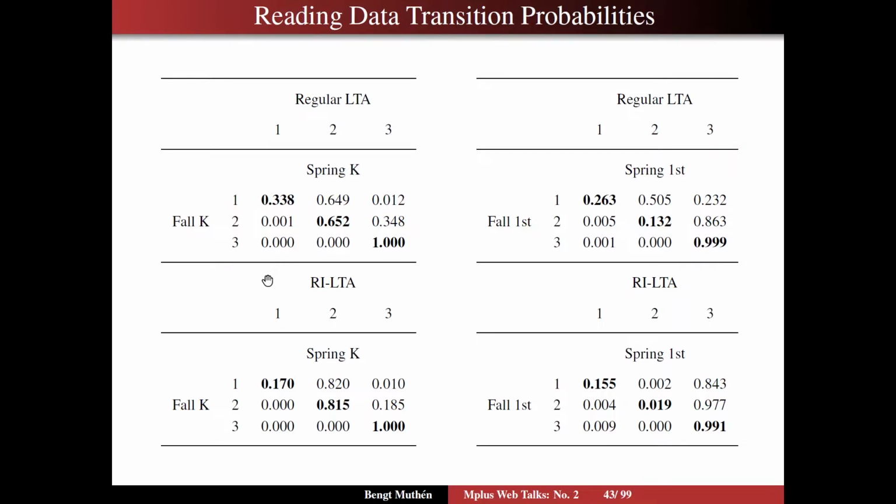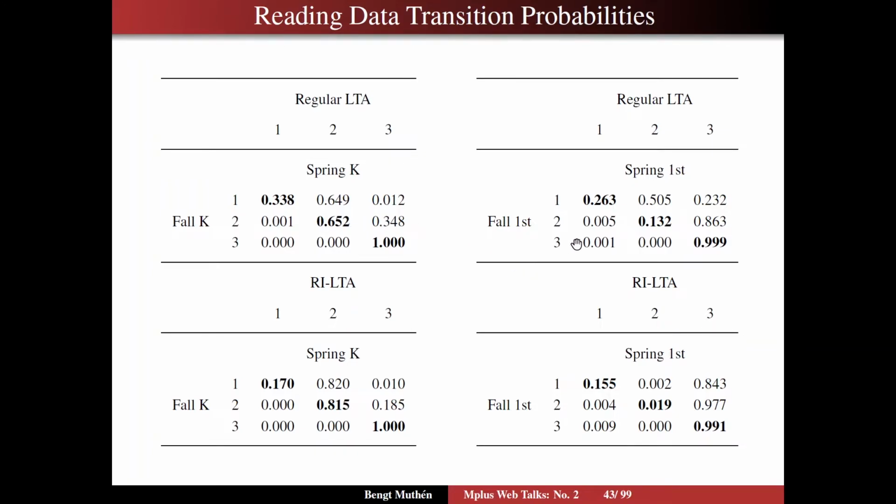If you go down to RI-LTA, it says that you have a much lower chance of staying in class 1 if you start there, and a higher chance of moving on to class 2. Those who start in the lowest class of fall kindergarten have an 82% chance of moving on to class 2, which is quite a lot more optimistic of a result than for regular LTA.